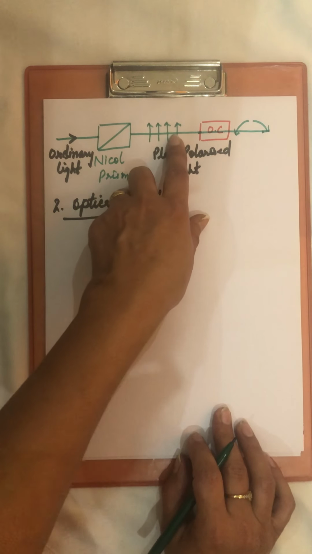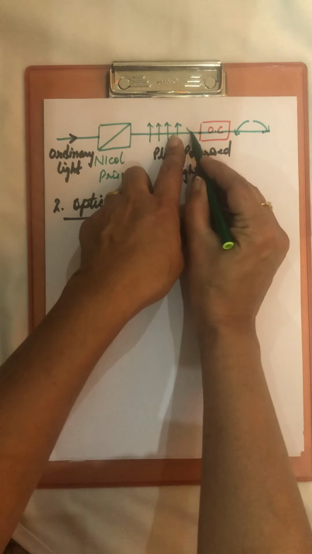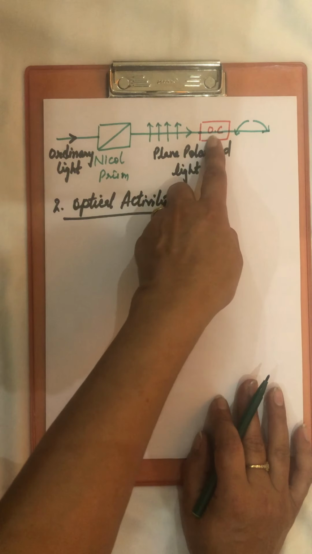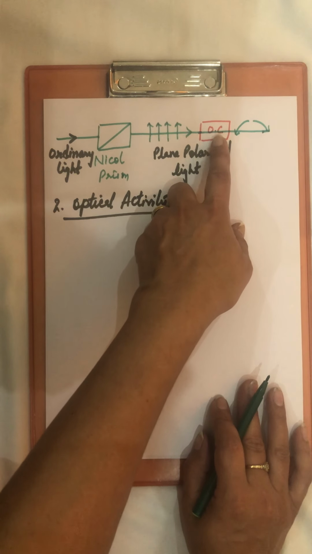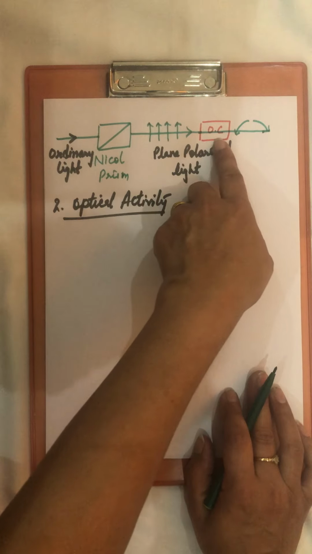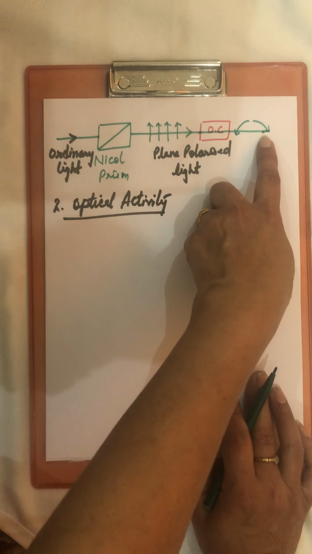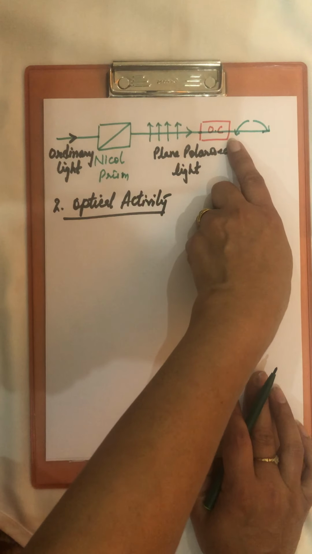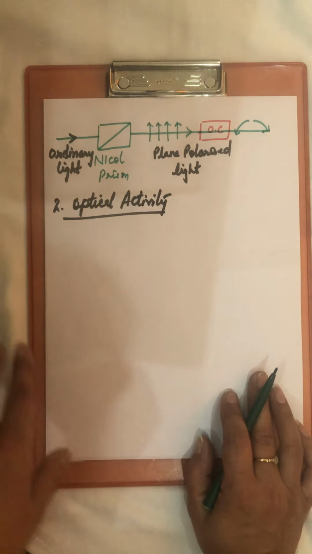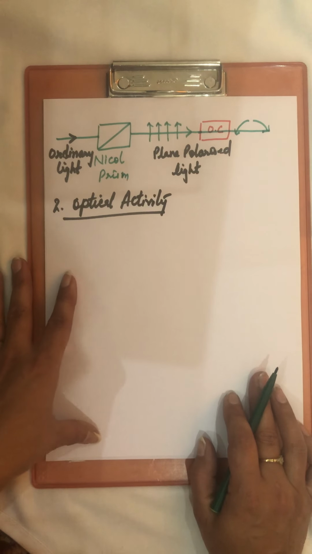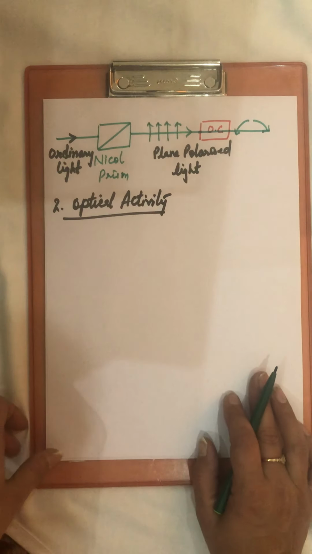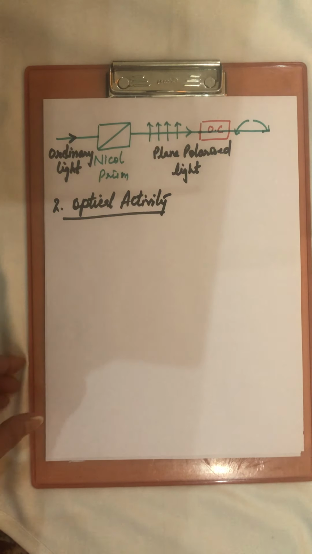This rotation can be measured with a polarimeter. Then we'll say this compound is optically active.